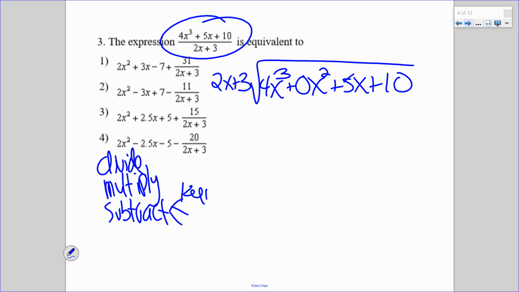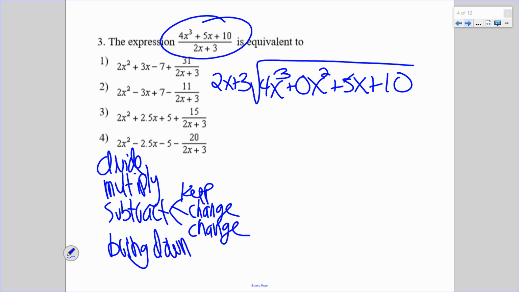When you're subtracting, you keep, change, change, and then you're bringing down. That's one full cycle. Do as many cycles as you need to until you finish.